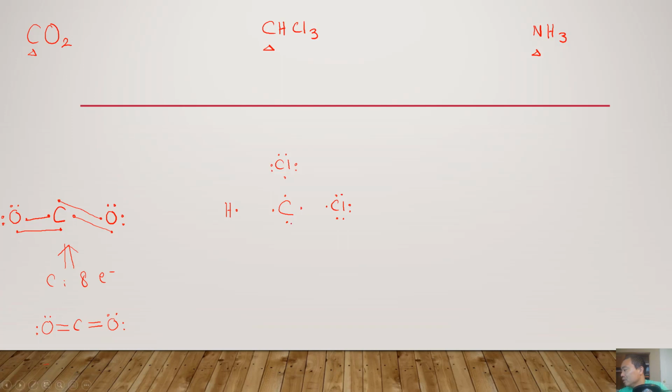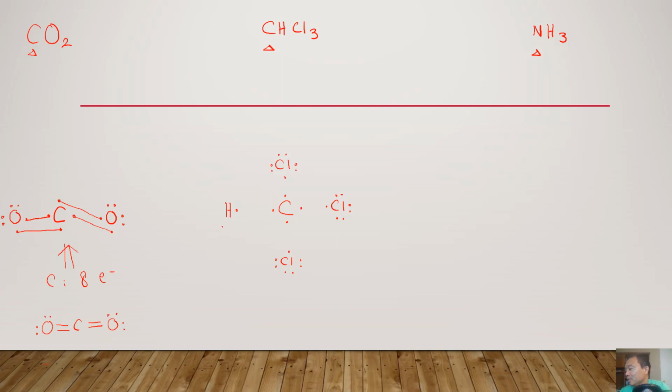You might have noticed that when I write the outer atoms, I try to face their single electron to the center, because then when you connect the outer atom with the center atom, you will not have to curve it around to make a bond.